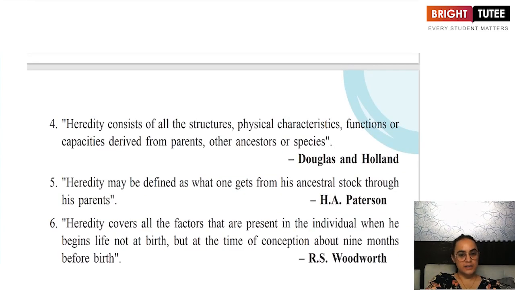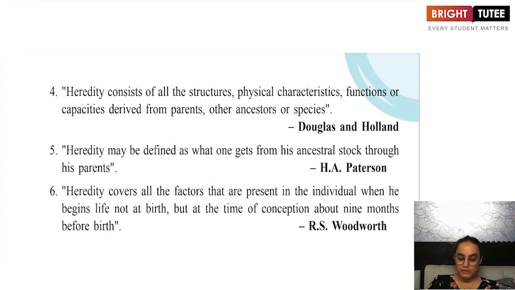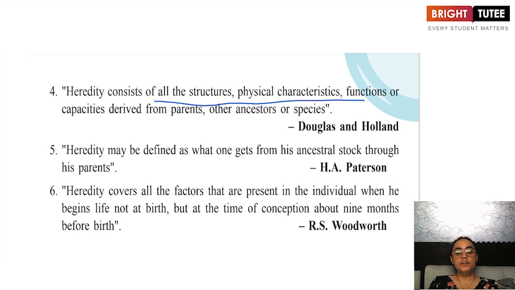According to Douglas and Holland, heredity consists of all the structures, the physical structure, the physical characteristics, the way the human being functions, the different capabilities, the skills that the child has, everything is determined by the ancestors, from whom they have inherited.